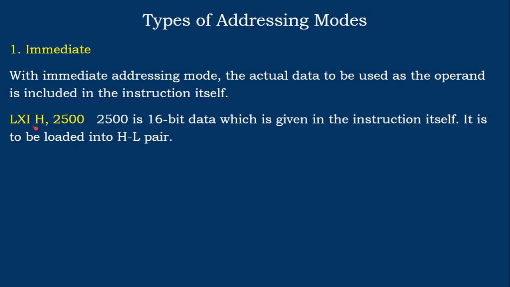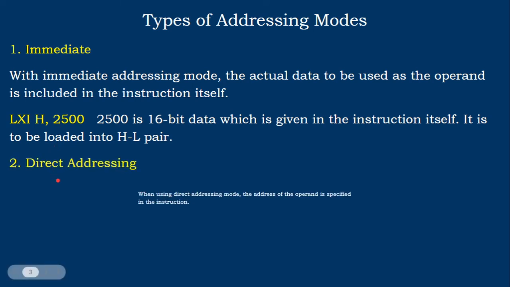Here H indicates the pair of H and L, I indicates the immediate addressing mode, and X indicates that we are combining the H and L pair together. So the meaning is: load the HL pair with the value 2500. Here this value is the immediate data itself, so it is called the immediate mode of addressing.